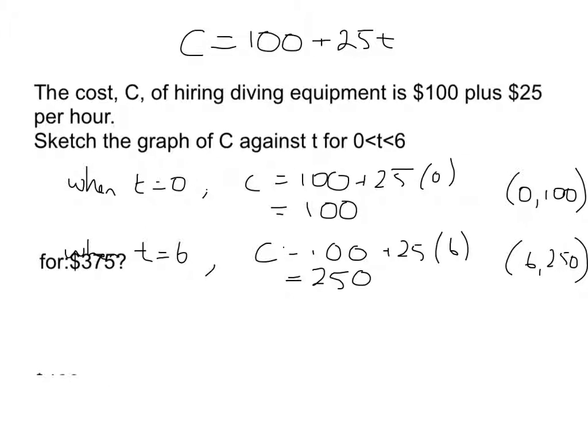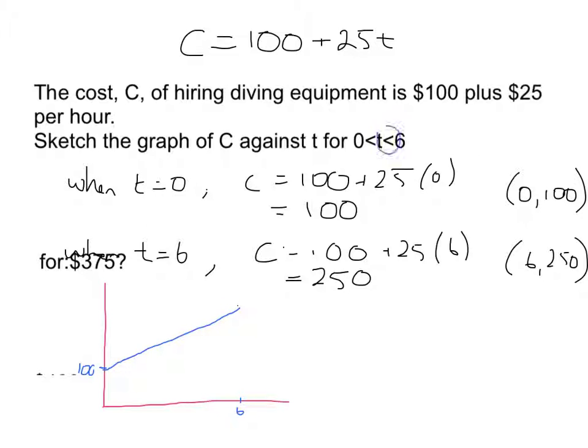So now to sketch the graph, our little axes like so, and we set up 0 and 100 there, and then we'll call this 6, and that's about 250 there approximately. We need to draw a straight line through there.